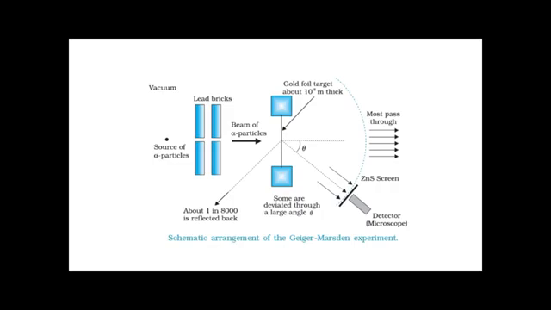You can see most of the alpha particles pass through the gold foil without any deviation. A few alpha particles are scattered with an angle theta, and approximately 1 among 8,000 alpha particles is reflected back.